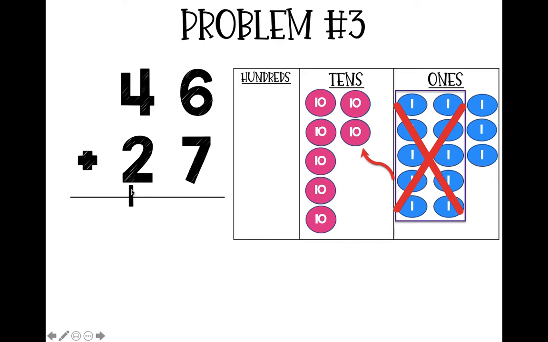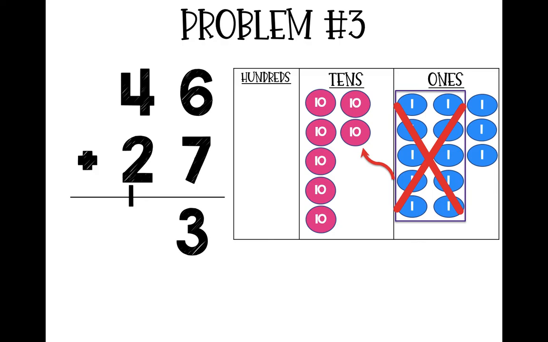Now that we've shown our new 10 on our place value chart, we can see how many ones we have. We have 3 ones, so we're going to write 3 under the line in the ones place.